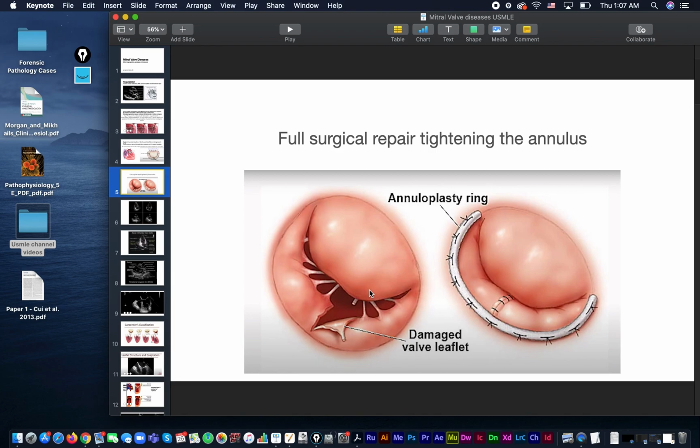And that means the annular ring has stretched and not become as tight. And if it's due to other reasons, the annular ring could become too fibrous, but that's going into too much detail.